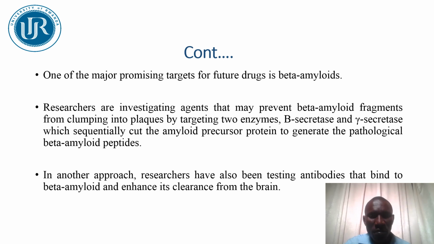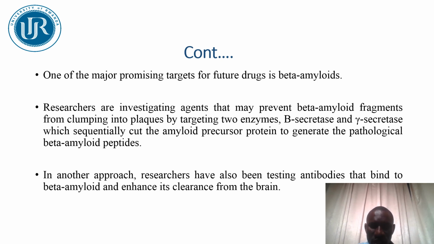One of the major promising targets for drugs is beta amyloid, as earlier mentioned. Researchers are investigating agents that may prevent beta amyloid fragments from clumping into plaques by targeting two enzymes called the beta secretase enzyme and the gamma secretase enzyme, which sequentially cut the amyloid precursor protein to generate the pathological beta amyloid peptides.